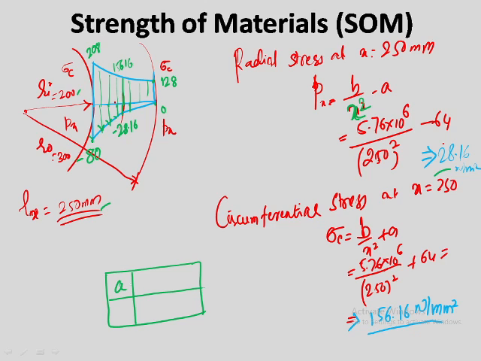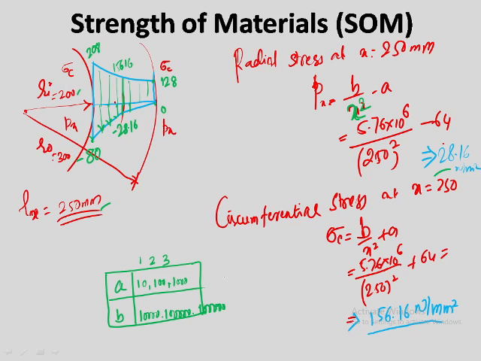The value of a may be single digit, double digit, or a maximum of triple digit. It may be in tens, in hundreds, sometimes maximum in thousands. But the value of b may be in tens of thousands, or in lakhs, or in tens of lakhs.